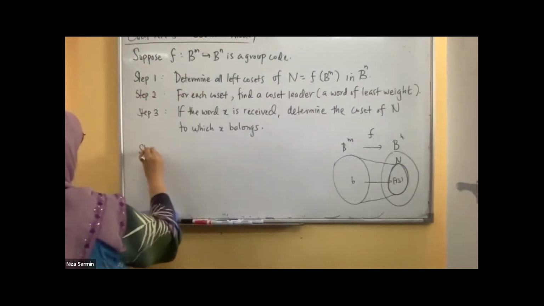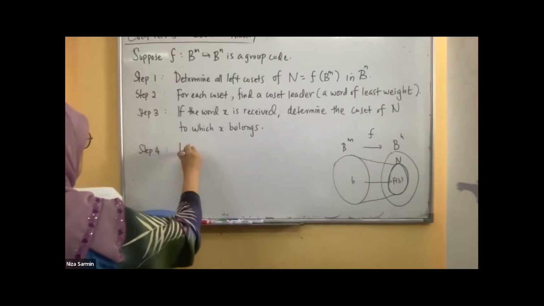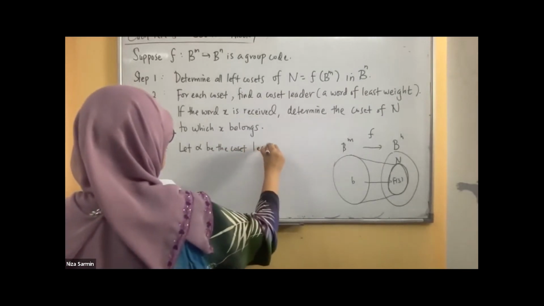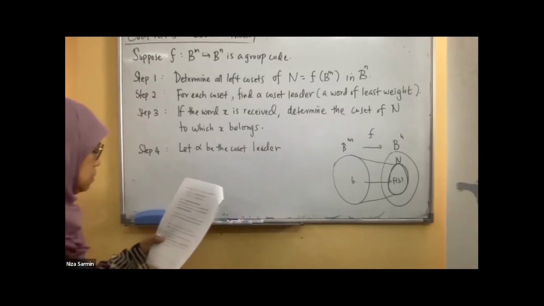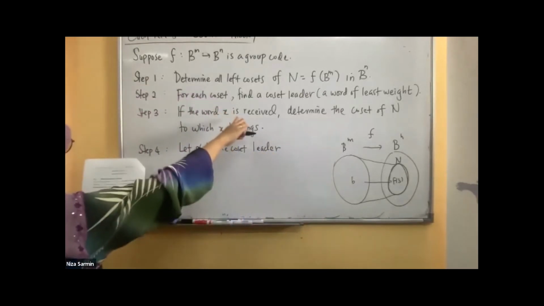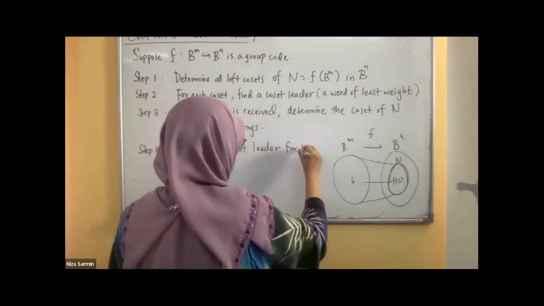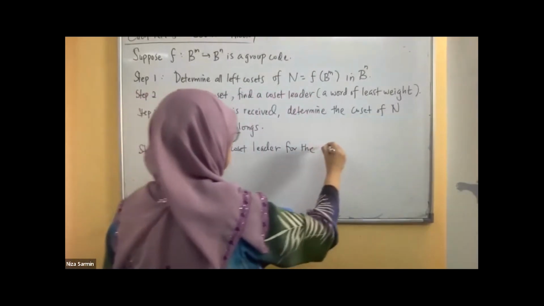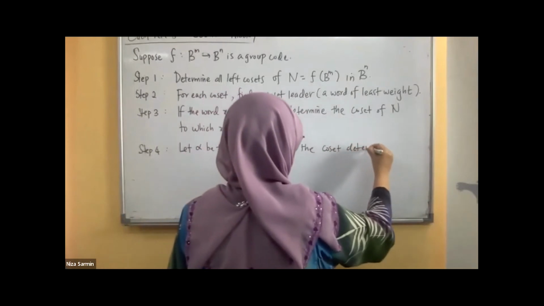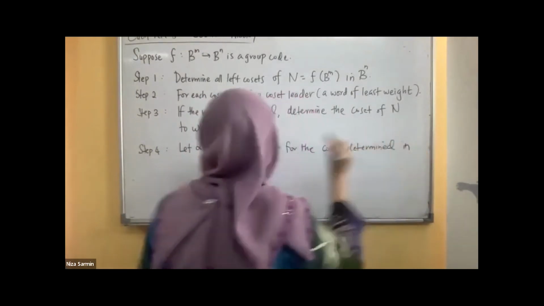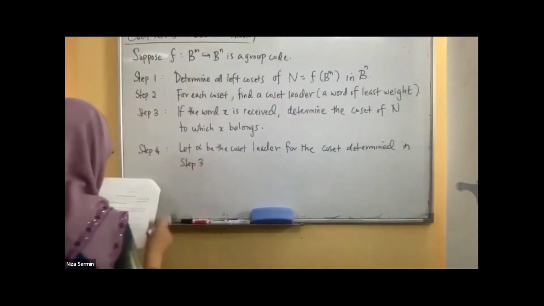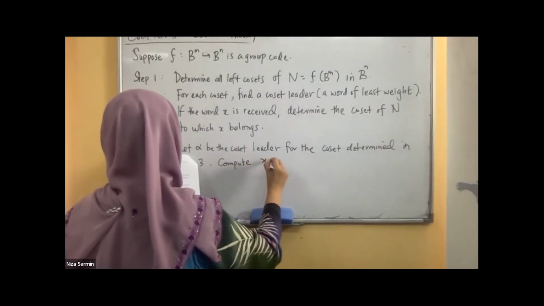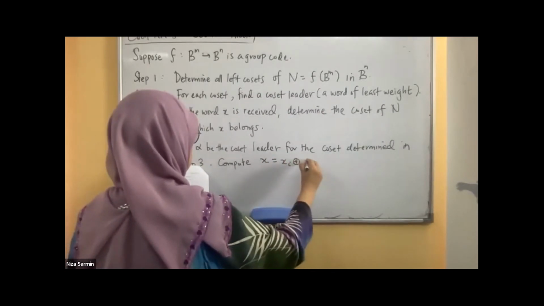Step 4, let alpha be the coset leader for the coset determined in step 3. Compute X is xi plus alpha.